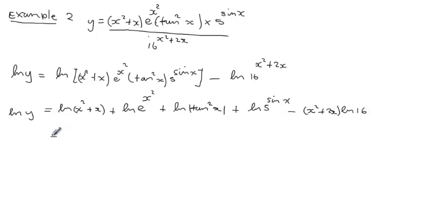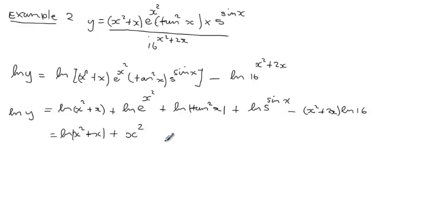Here there's no property I'm going to simplify; I'm just going to have this as ln of x squared plus x, in brackets. Here there's a power property I can apply. This becomes x squared times ln e. But ln e is 1, so there I'll end up with x squared.